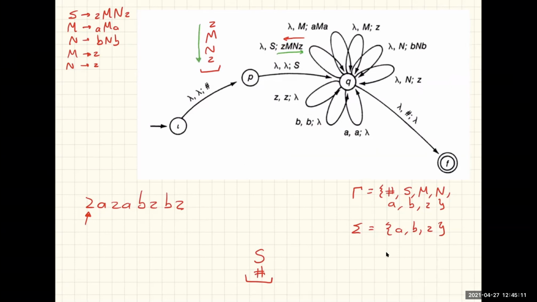But I think it's better to think of the red arrow because you are taking each one and inserting it onto the stack. So it depends on how you visualize it. At the end, your stack should have something like this: Z, M, N, Z.